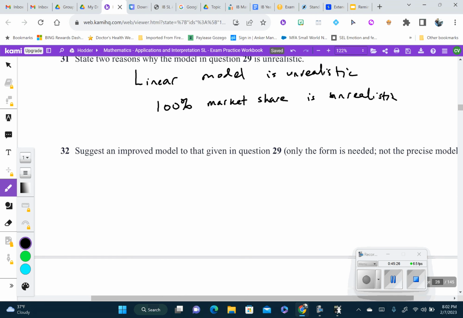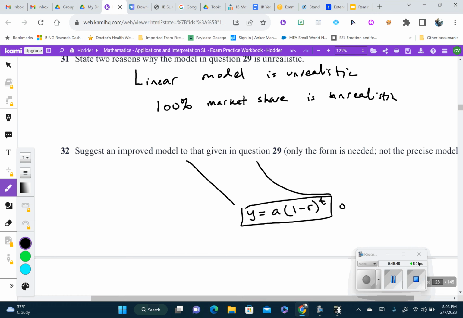Suggest an improved model. So an improved model is like, if you look at the market share, it shouldn't just go down as a line. It should actually decay over time. So this is an exponential function. Quite specifically, it's a decay function. So y equals a times (1 minus r) to the t is one model that you could use.